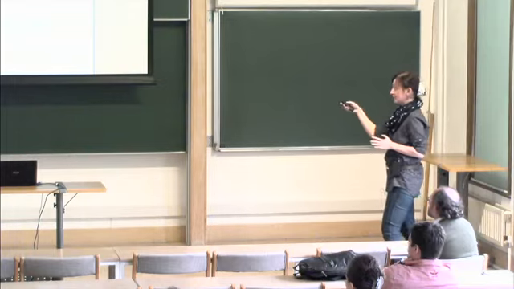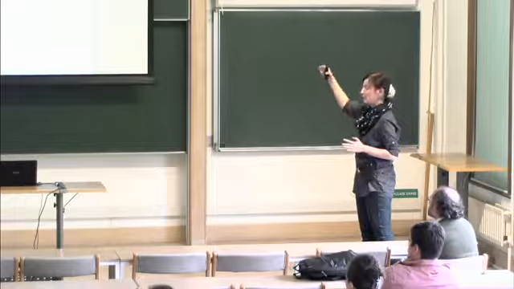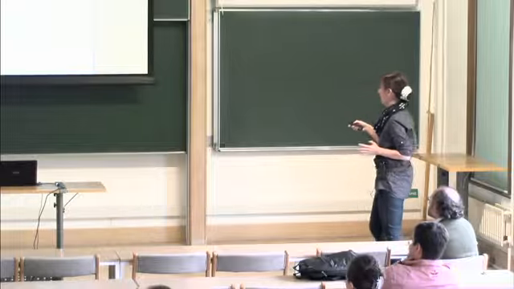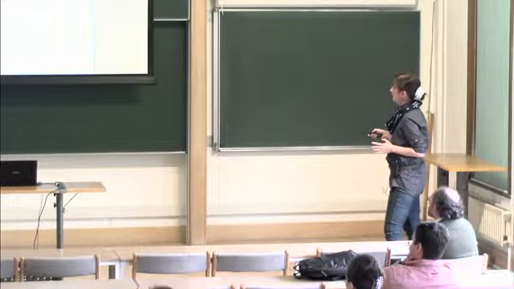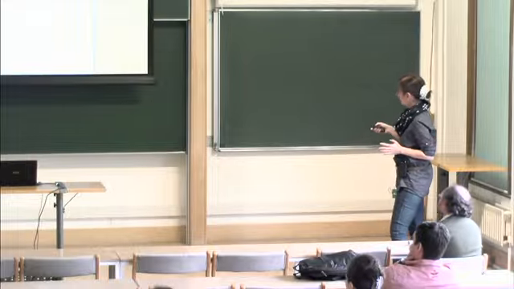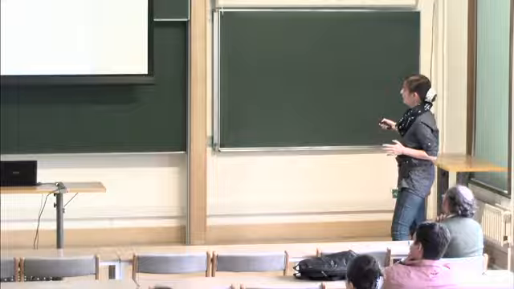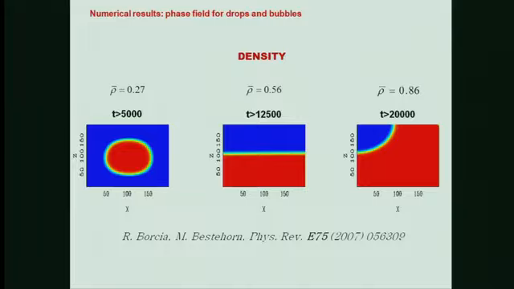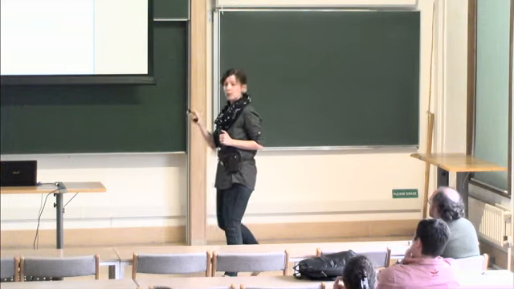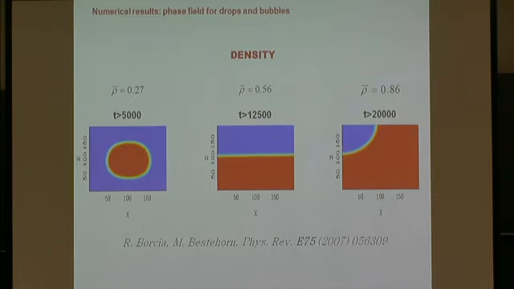So this structure, like a two-layer system, persists for a longer time, and now the density becomes higher, and we'll have a bubble in a liquid box. So the position of the droplet depends very strongly on the boundary conditions, and from here comes the idea to study the contact angles using the phase field model.